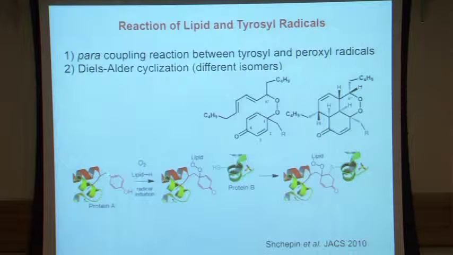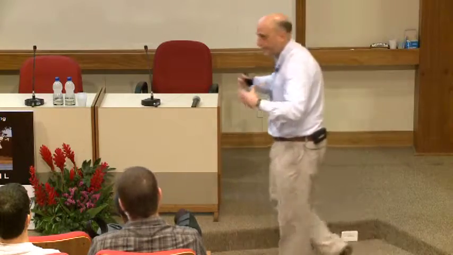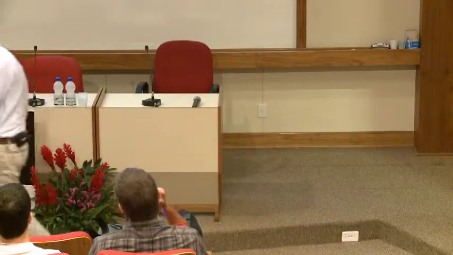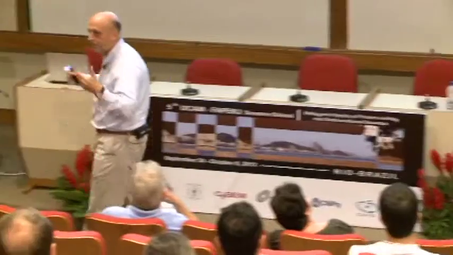Because the tyrosine forms an adduct with a lipid, and then this lipid becomes reduced, and then the reduced tyrosyl becomes an electrophile that reacts with a secondary protein and facilitates protein-lipid-protein cross-links. There is a lot to be done on this. Just wanted to show you how the lipid and protein oxidation pathways can be intertwined.